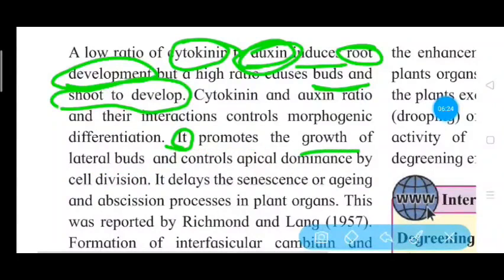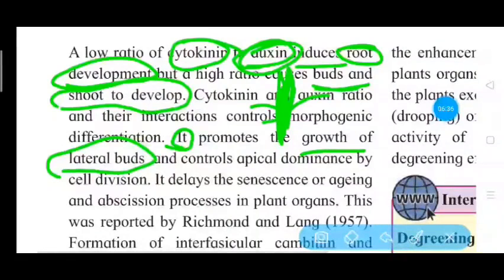Then it promotes the growth of lateral buds and controls apical dominance by cell division. Cytokinin promotes the growth of lateral buds. If only auxin is present, then apical growth takes place. But when cytokinin is present, the lateral buds develop. This controls apical dominance.